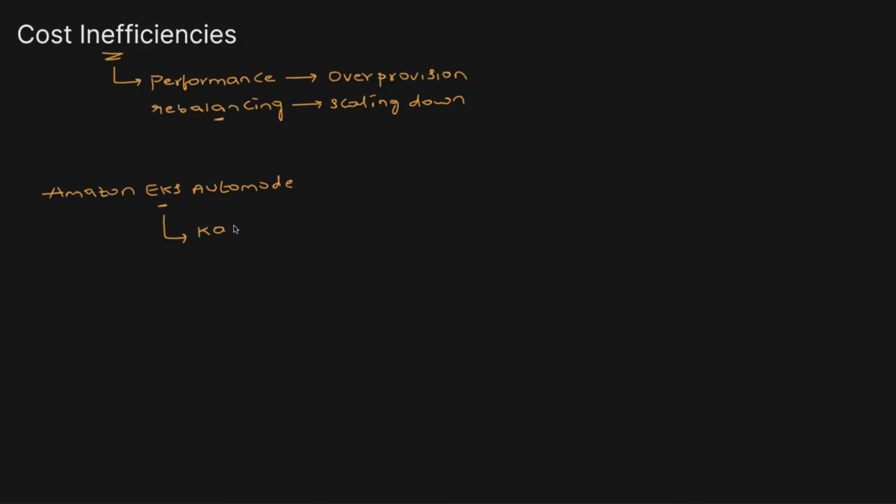We already learned EKS Auto Mode uses Karpenter, and Karpenter is best known for rebalancing the cluster. So Karpenter is an open source solution. Amazon open sourced it and they also contributed it to CNCF. So it's a reliable solution where Karpenter always looks at your cluster.